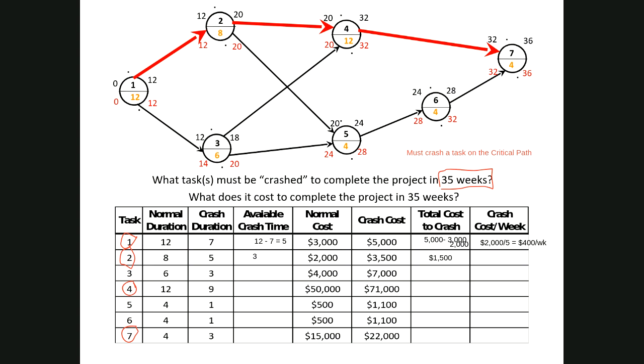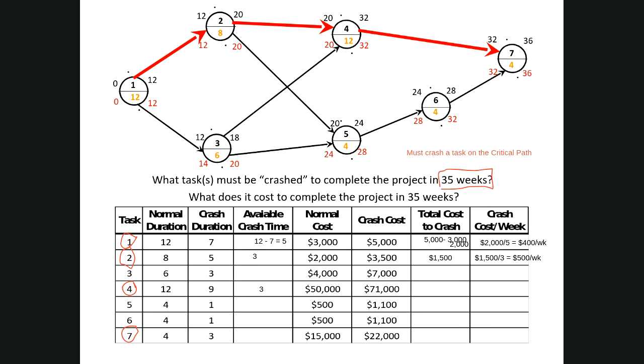And then we're going to complete a similar calculation for task 4. There's 3 weeks available, and in this case, the difference is $21,000.